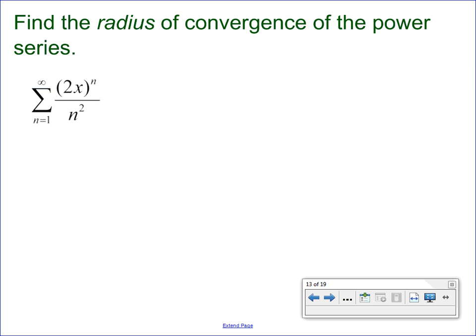So in order to do this, the ratio test will allow us to determine what values of x produce that limit L to be less than 1, and that will allow us to determine our radius of convergence or our interval of convergence. So what do we do? We use the ratio test.